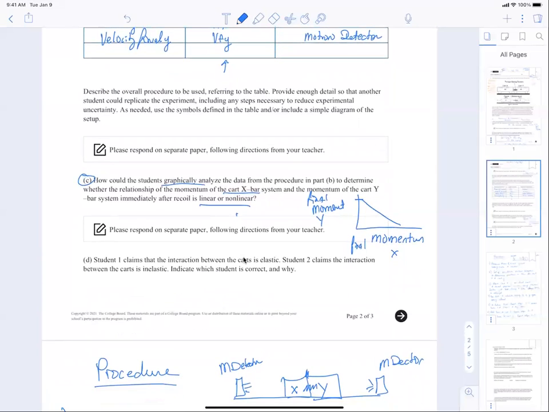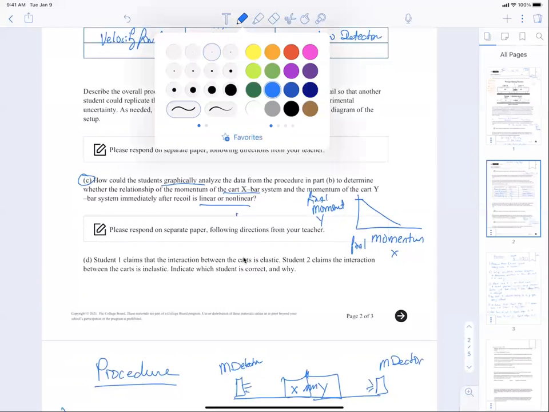Student 1 claims that the interaction between carts is elastic. Student 2 claims the interaction between carts is inelastic. Indicate which student is correct. Student 2 is correct. Okay. Why is student 2 correct?